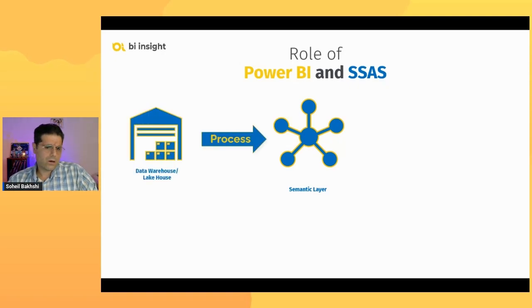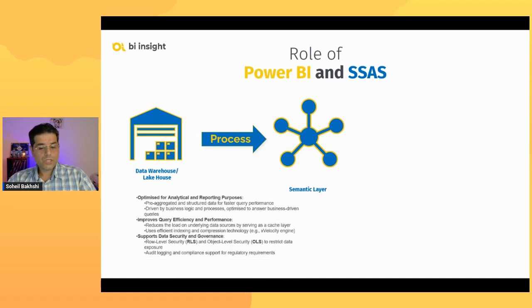Now, we are processing our warehouse and lakehouse data into a semantic layer, which is optimized for analytical and reporting purposes, with pre-aggregated data for faster querying performance, driven by business logic and processes, as I mentioned, and it improves query efficiency.